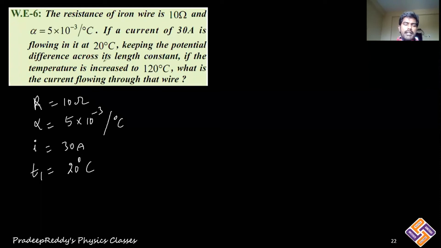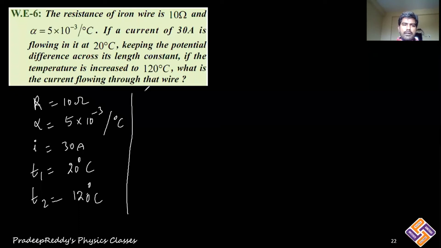Keeping the potential difference across its length constant, if the temperature is increased to 120 degrees Celsius, what is the current flowing through that wire? You are supposed to find that out.